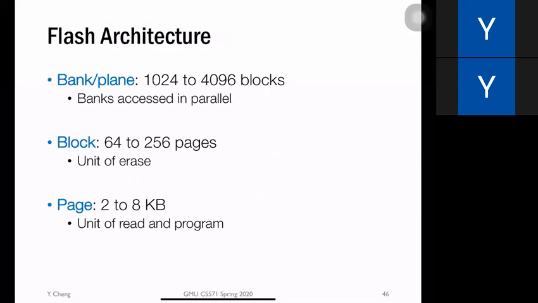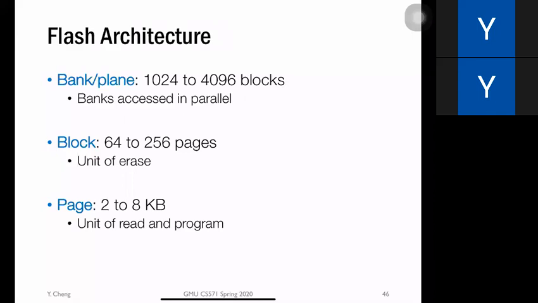But how many flash banks or flash planes are in a typical flash device? We're looking at 1,000 or 4,000 flash blocks per flash bank. And banks can be accessed in parallel, can be read in parallel.